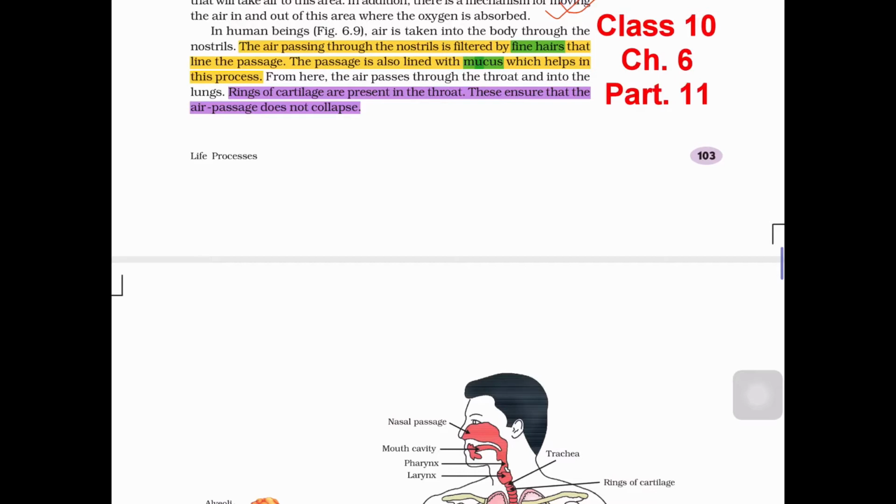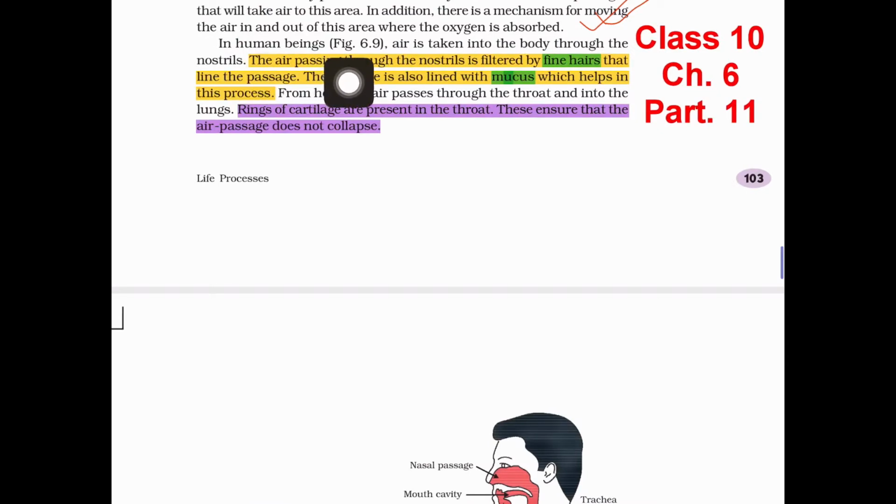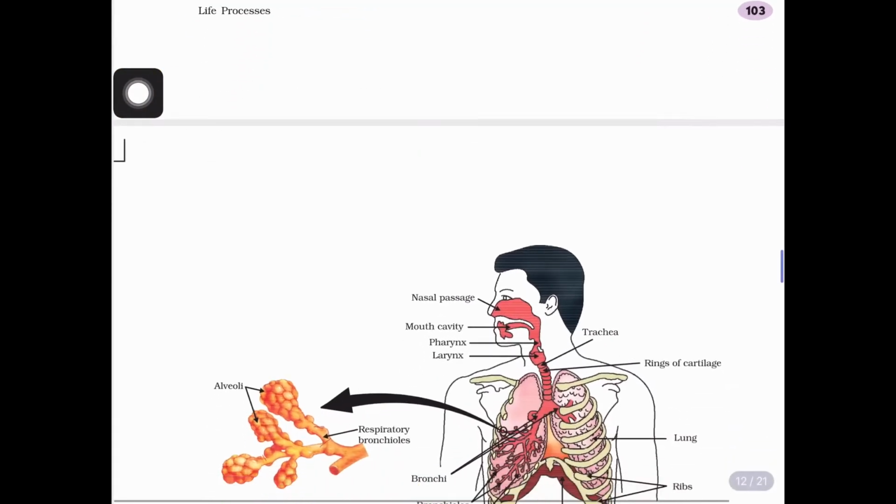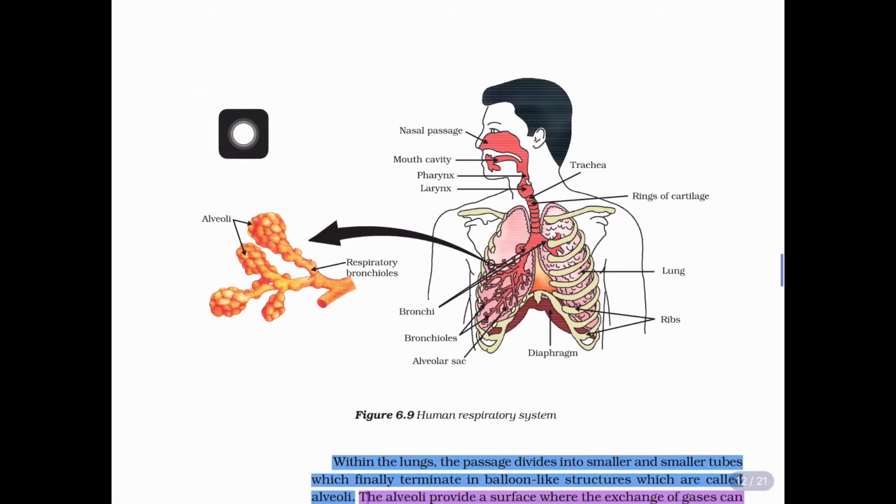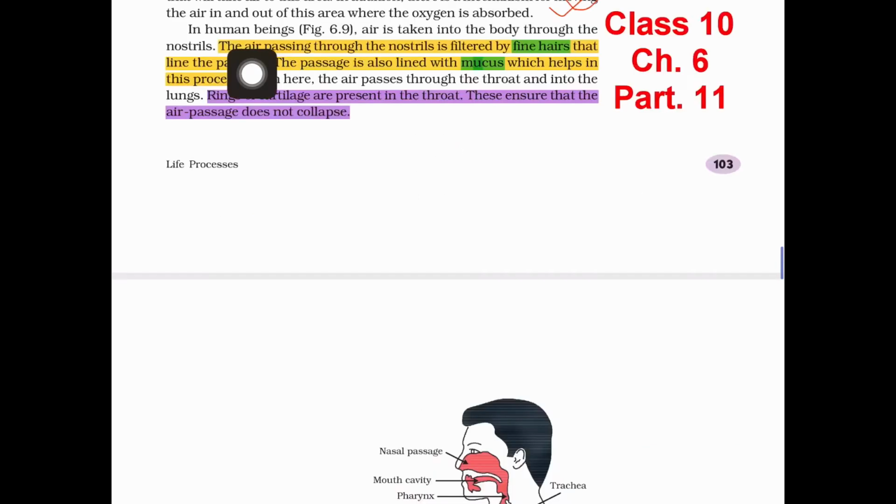So, let's start. In human beings, in figure 6.9, air is taken into the body through the nostrils. You can see the diagram here, this is the nostrils. The air passing through the nostrils is filtered by fine hairs that line the passage.